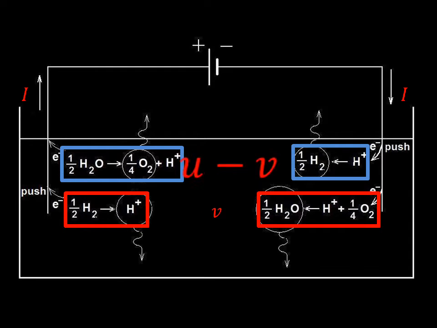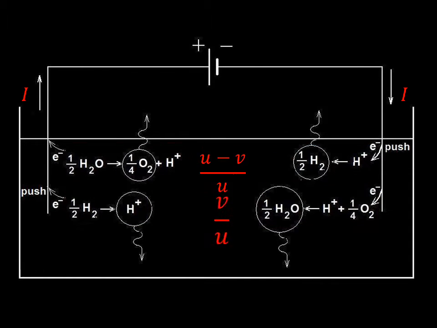Since the current I is kept the same, the number of elemental reacts of electrolysis per unit time obviously becomes U minus V. In other words, the part by which the number of elemental reacts of electrolysis per unit time is decreased during the proceeding of the reverse process is V over U, while the remaining part of elemental reacts of electrolysis per unit time, after the decrease, is equal to U minus V over U, which is 1 minus V over U.